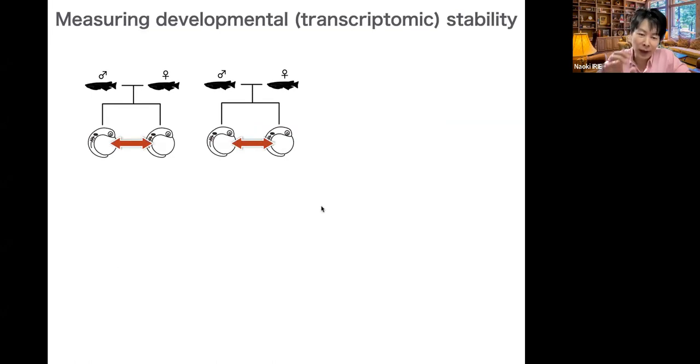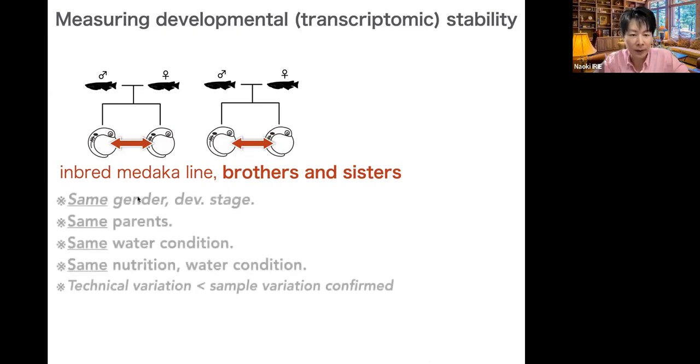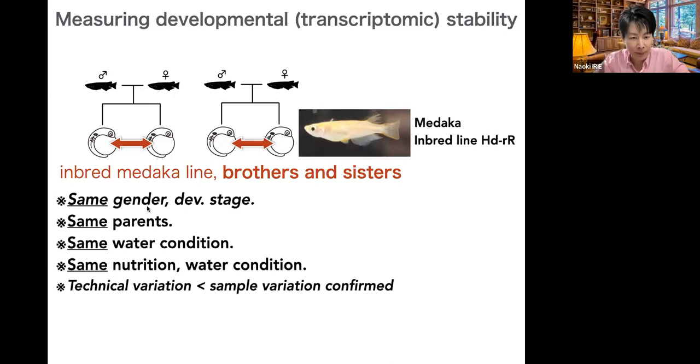Theoretically, we have to deal with clone individuals, embryos, to test this, but it was hard to do in vertebrate systems. So we used inbred medaka, brothers and sisters, gender-matched siblings from the same parent and same water condition.